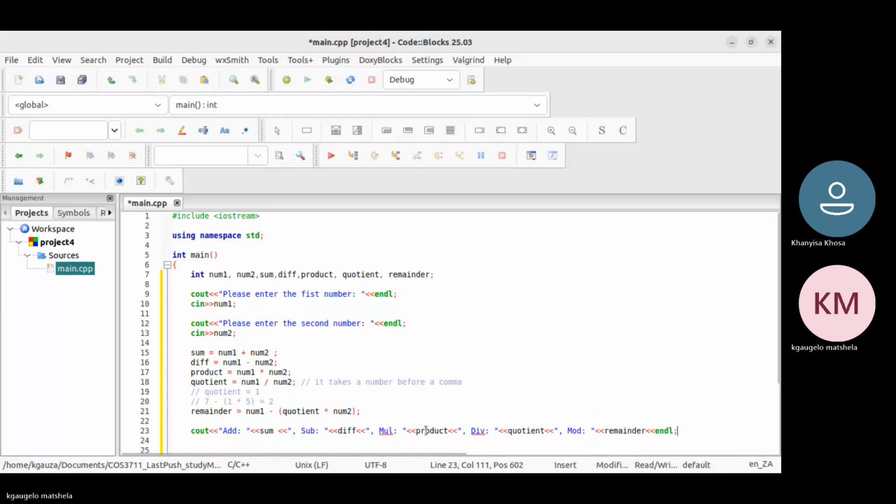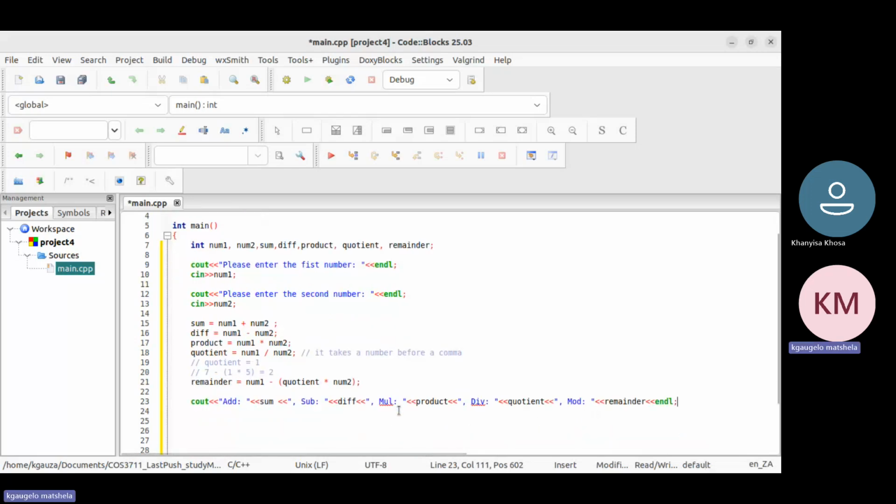Let me build this and see if we have something that doesn't make sense. I just put my code.